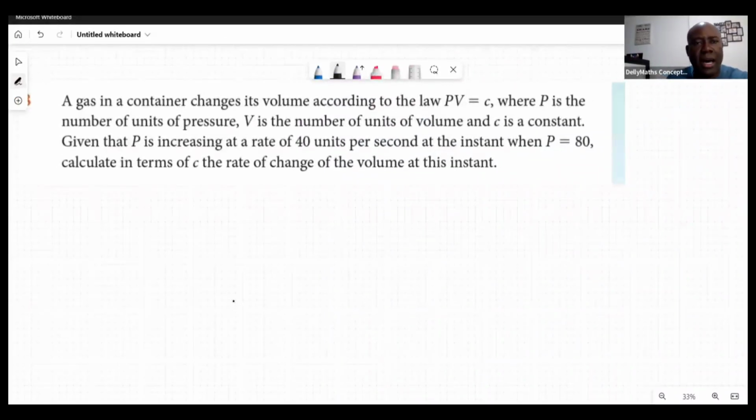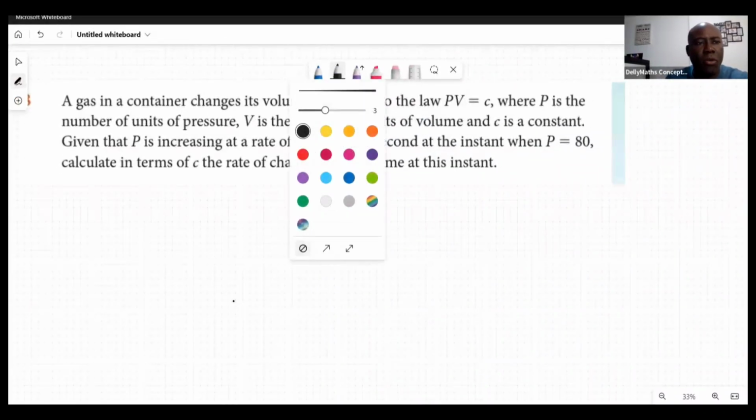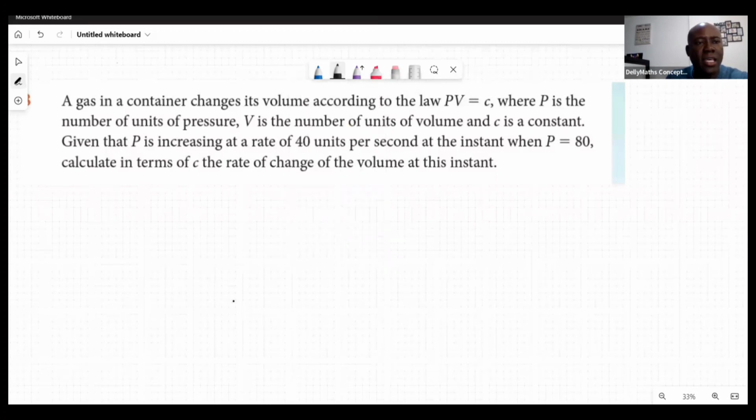All right. So this one says we have a gas in a container that changes its volume according to the law PV equals C. So I'm going to write this. PV equals C. We got that. Where P is the number of units of pressure, V is the number of units of volume, and C is a constant.